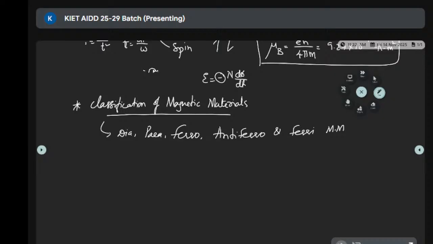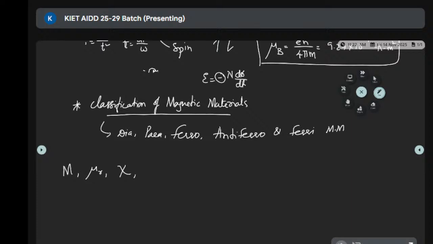So we classify the magnetic materials based upon the topics that we studied till now. What and what did we study?